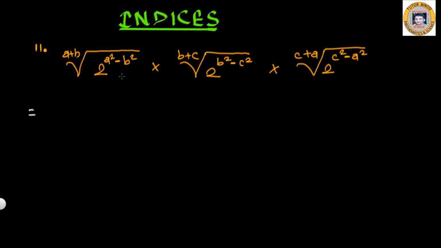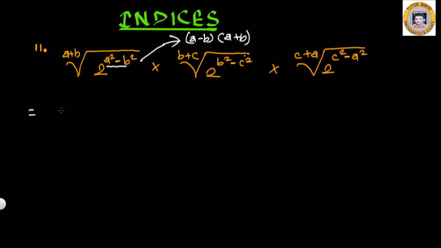The first thing is 2 to the power a square minus b square. Because this term, if you want to see it closer, you would be getting a minus b, a plus b. Similarly, this would be b minus c, b plus c. Similarly, this would be c minus a, c plus a.